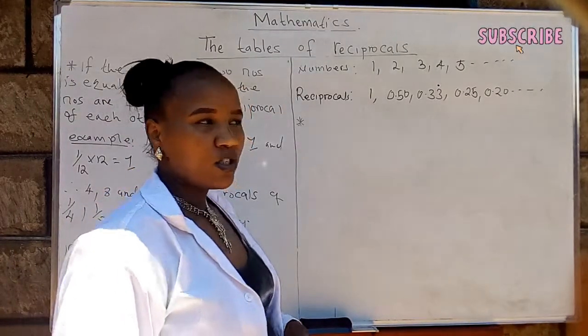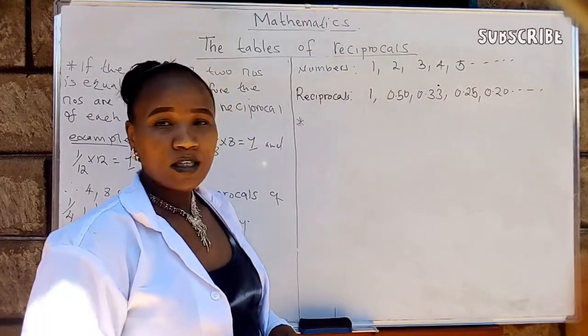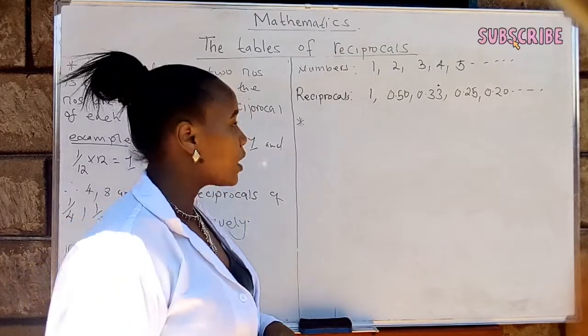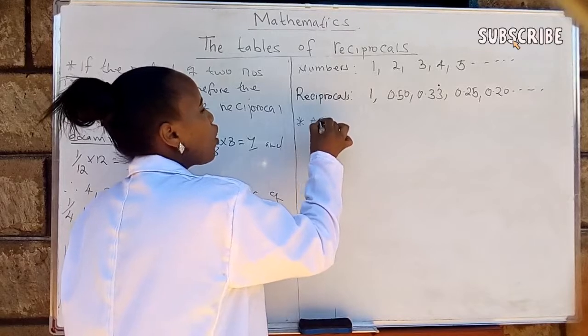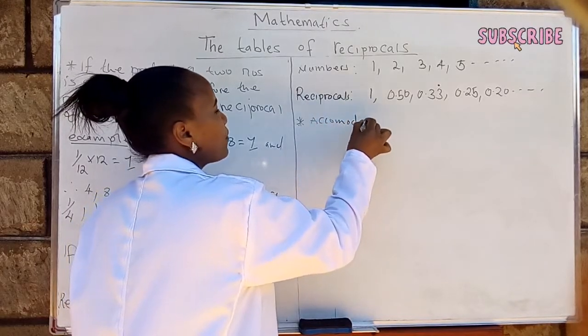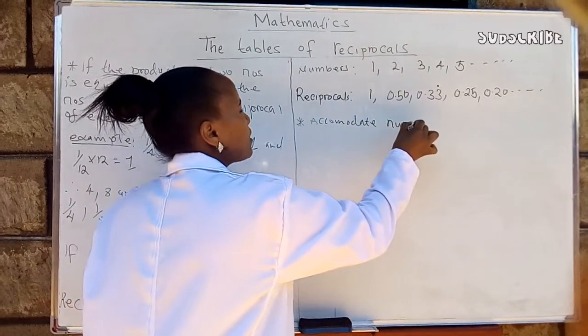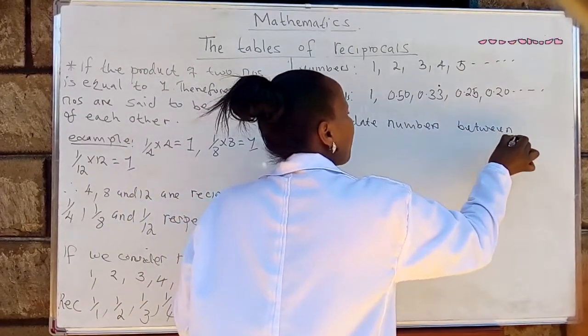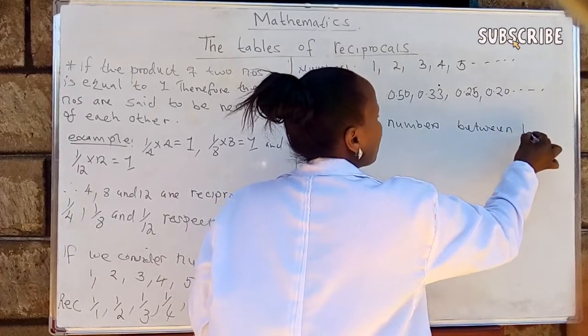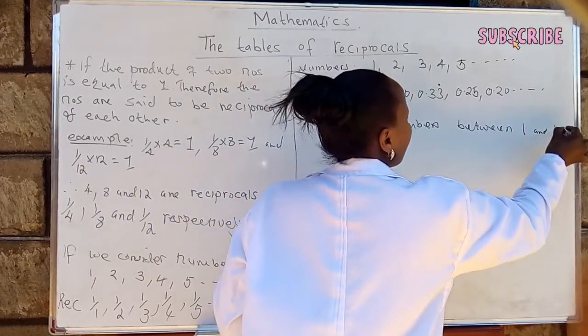Reciprocal tables, just like any other table in mathematical tables, only accommodate numbers between 1 and 10.